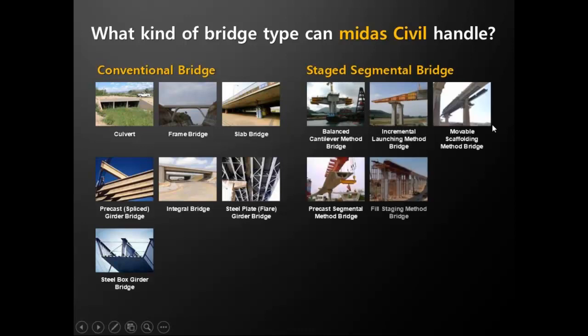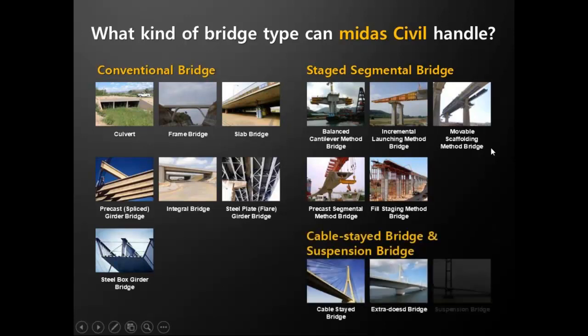For the advanced ones, it has staged segmental bridges, which is your balanced cantilever, then the one which is quite widely used in South Africa, the incremental launching method, the movable scaffolding, the precast segmental and full staging method. And finally, structures like cable stayed bridges, extradosed bridges and suspension bridges.